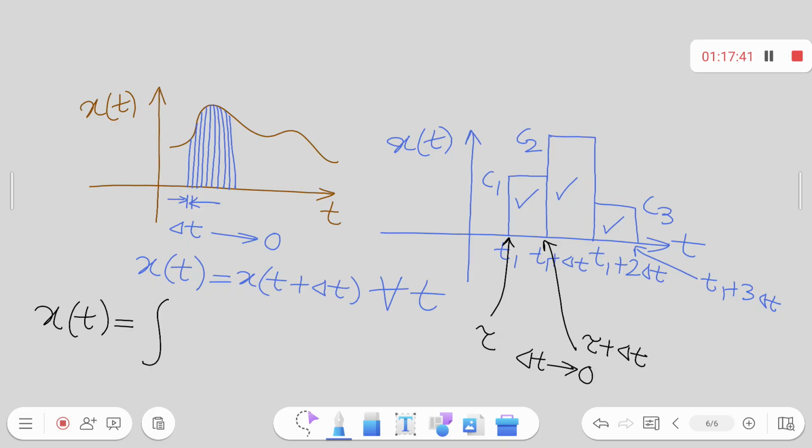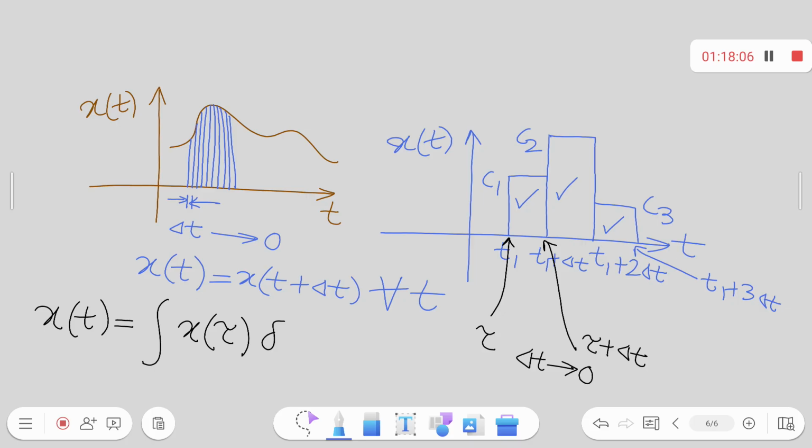Right. So this x of t can be represented as this x of tau multiplied with this, x of tau exists only for t is equal to tau. Isn't it? This C1 value is existing only for t is equal to tau to tau plus delta t.